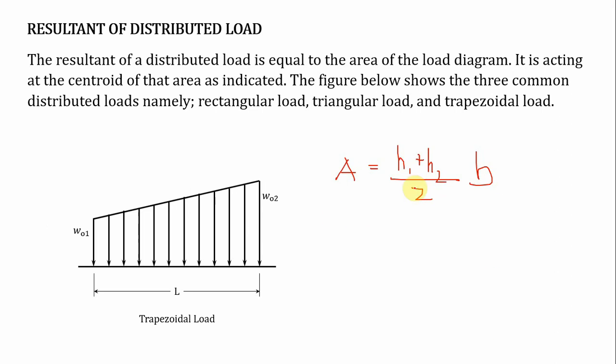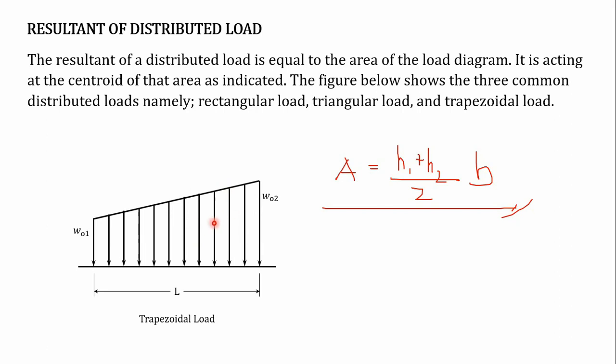That is the formula for the area of a trapezoid. So getting the resultant is easy, because we can directly solve its area. But getting the location of the resultant force of this trapezoidal distributed loading will be difficult.